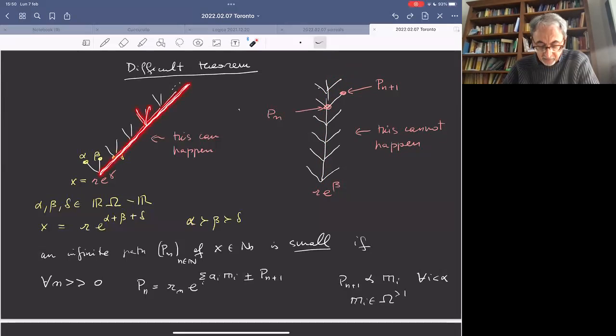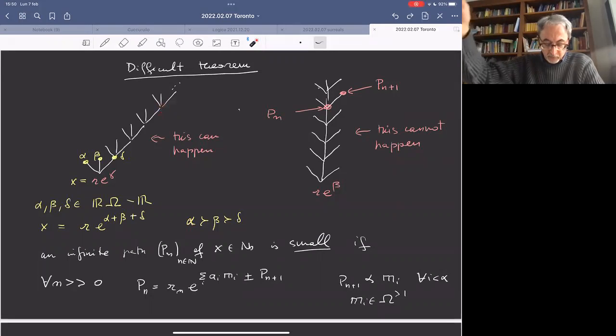So the rightmost path in the left picture doesn't reach a log-atomic number because each of its terms has an exponent which is not log-atomic, and so the term itself cannot be log-atomic because the exponent of a log-atomic number is always log-atomic. But so this path doesn't reach a log-atomic number, but it's small, so it's okay.